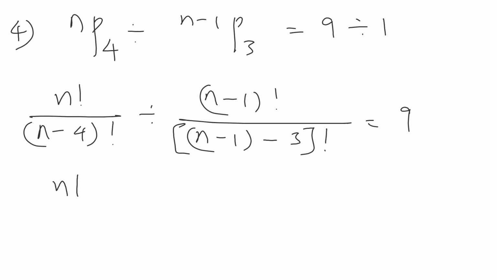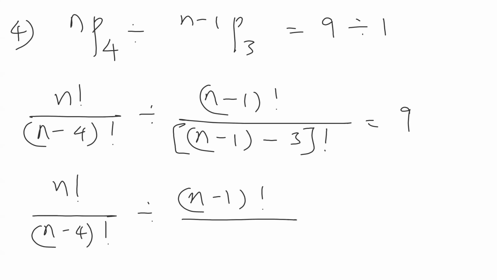So this is n factorial and this is n minus 4 factorial divided by n minus 1 factorial upon the value of this bracket. Obviously, this is basic algebra. So this is n minus 4 factorial, which is equal to 9. Okay, fine.